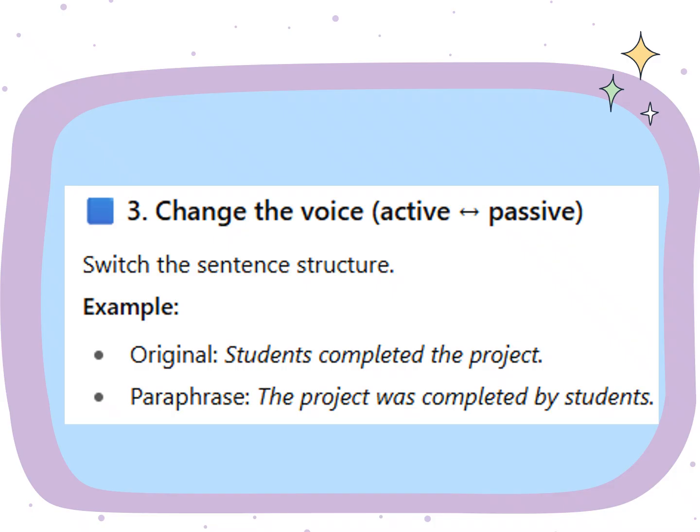You can paraphrase this sentence as the project was completed by students. So the original sentence is an active voice, and we can change it into a passive voice. And when we change it, we need to remember to switch the sentence structure.